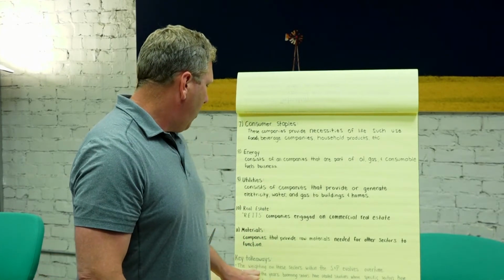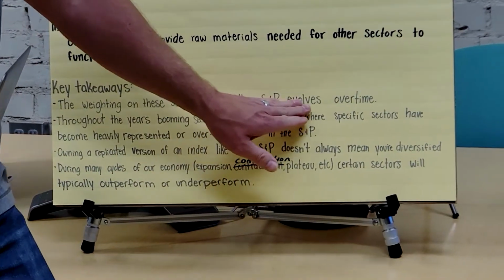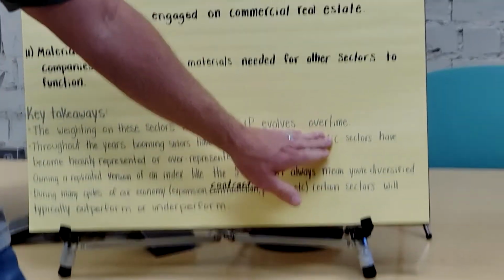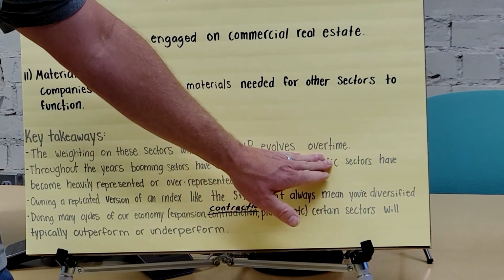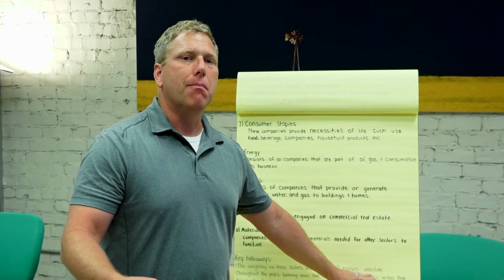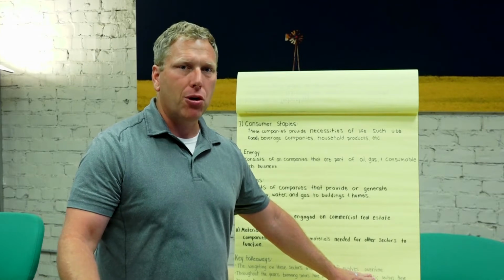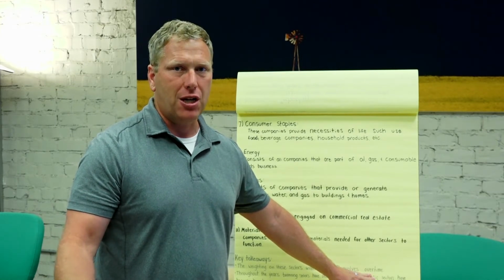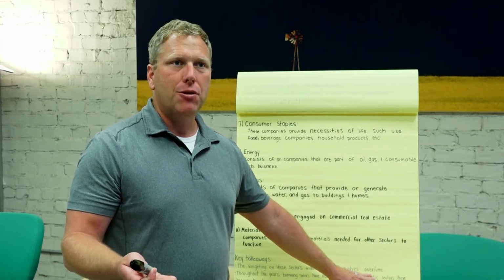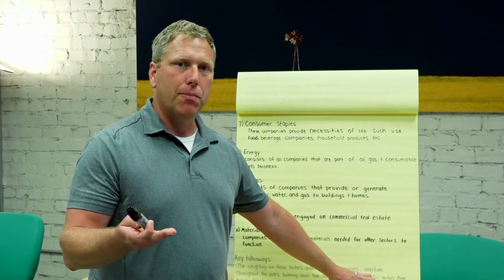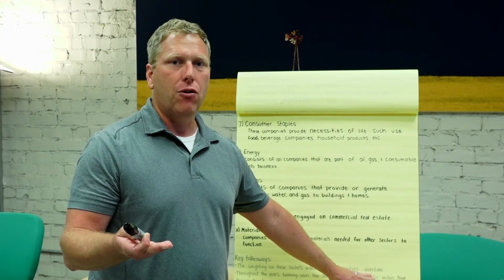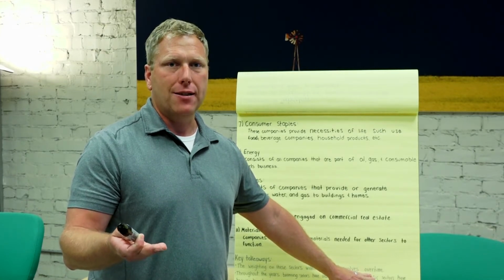Key takeaways: the weighting on these sectors within the S&P evolves over time. What does that mean? If the technology industry is booming, those companies are growing, investors are purchasing those companies' stock shares, they come to represent a larger percentage of the overall allocation of the S&P 500.